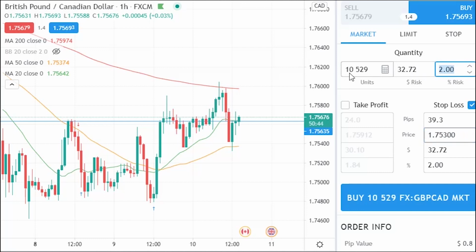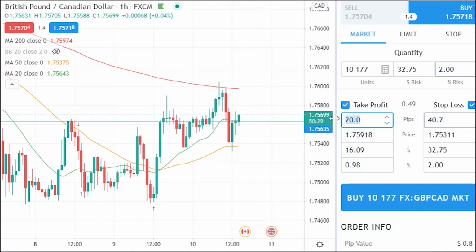Because I think it's more important to put the stop where we think is wise than it is to base our stop off how many units we want. That makes no sense. So we set the stop first, then set it to 2%. It's about 40 pips away, which means our TP1 will be 40 pips away. So I would type in 40 in take profit, and then I actually just copy that number.